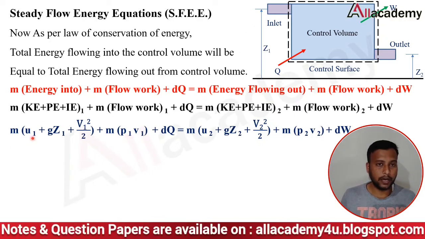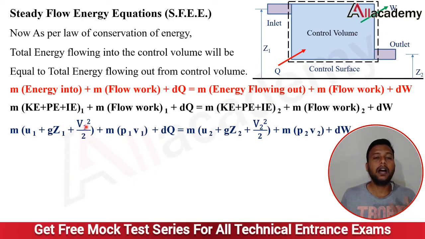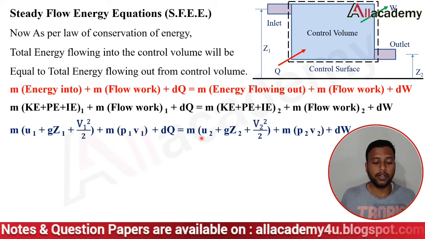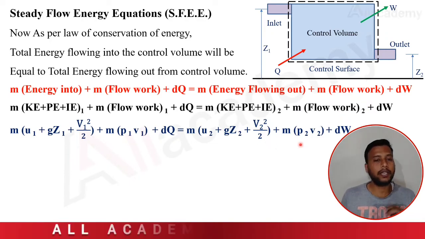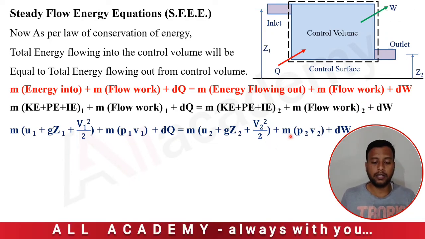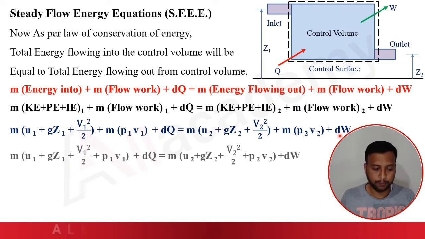Here u1 is the internal energy, g is the gravitational constant, z is the datum head and v1 is the velocity at condition 1. Similarly at condition 2, m into u2 plus g z2 plus v2 square divided by 2, plus the flow work given by p2 v2 times m, and the amount of work transfer from the control volume.